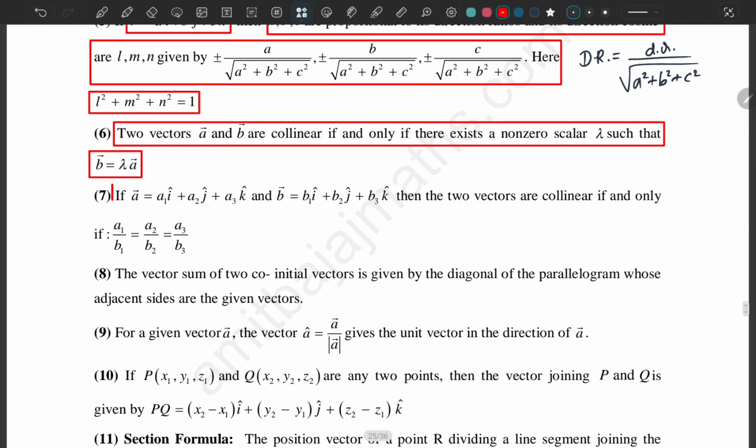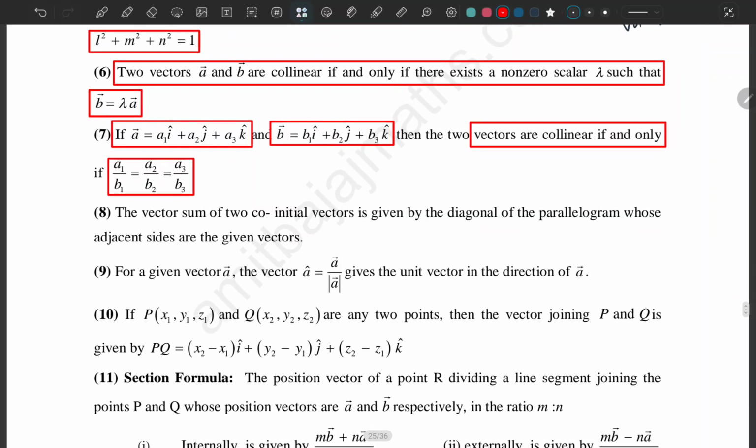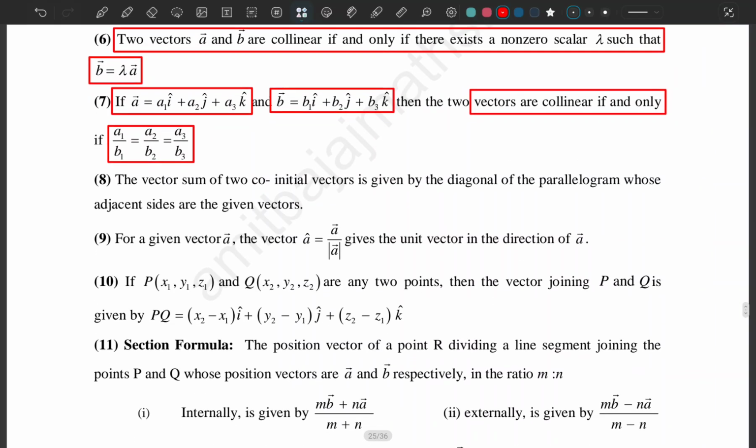Okay, if a vector equals a1 i cap plus a2 j cap plus a3 k cap, and b vector is b1 i cap plus b2 j cap plus b3 k cap, then the two vectors are collinear if and only if a1 over b1 equals a2 over b2 equals a3 over b3. That's it. Just divide the respective coefficients of the unit vectors with each other and equate them.